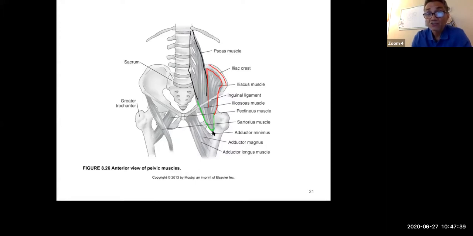In the lesser trochanter of your femur. And we refer to both of them at this point as the ilio-psoas muscle. Make sense? Any question?